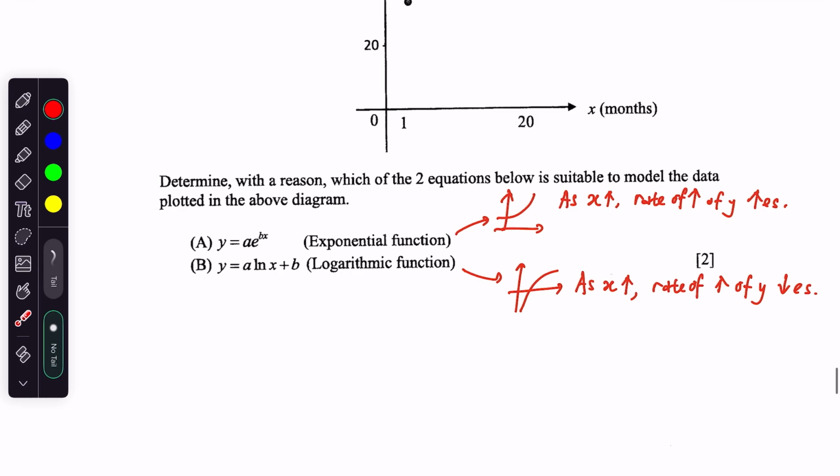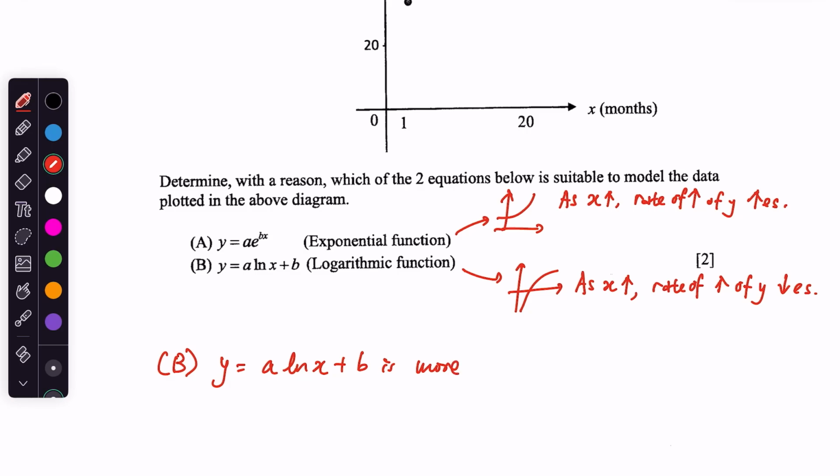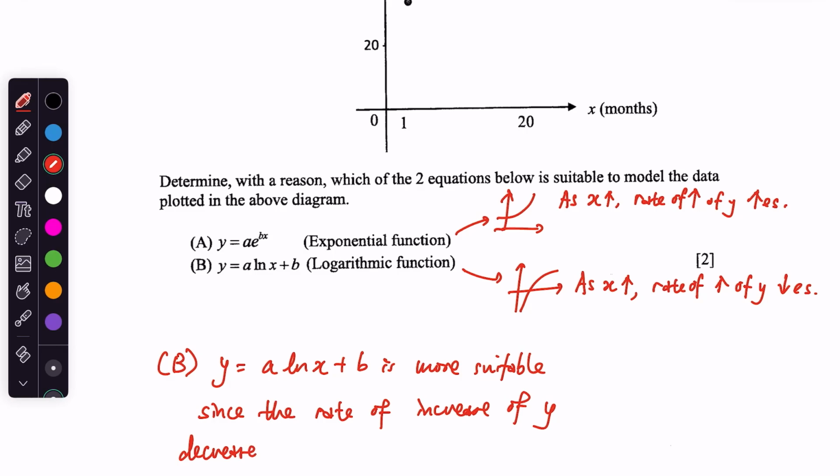So let's say that the suitable model would be B. Let's copy out B, which is y equals a ln x plus b, is more suitable since the rate of increase of y decreases as x increases.